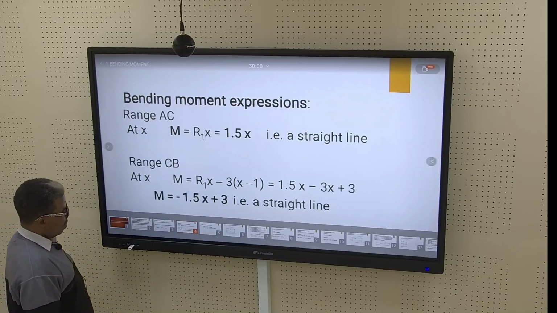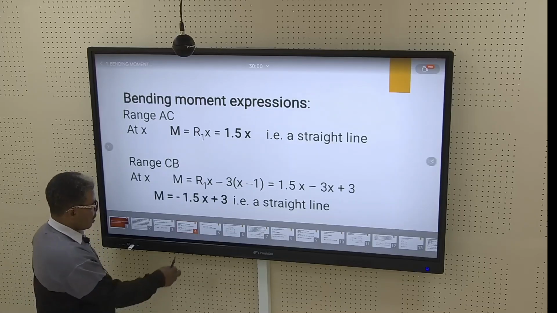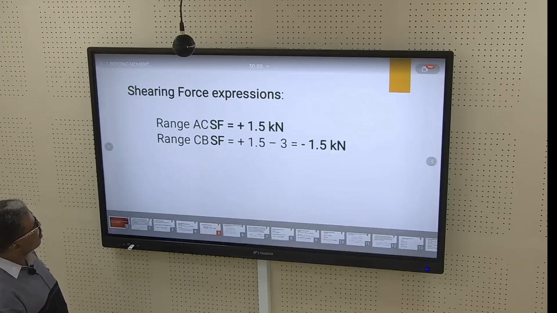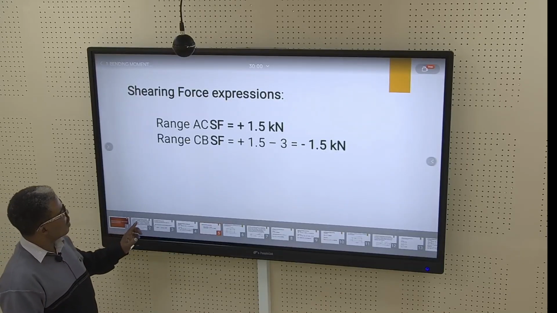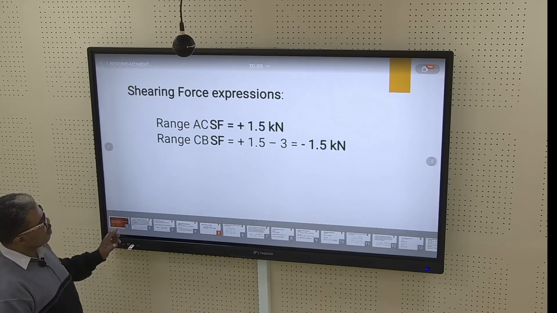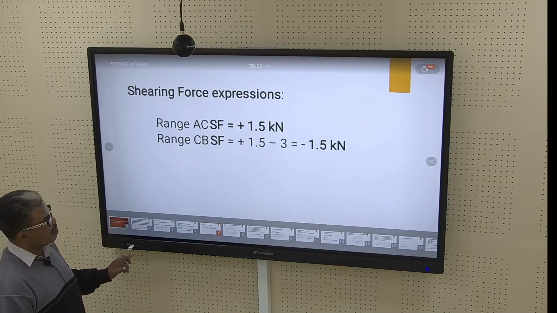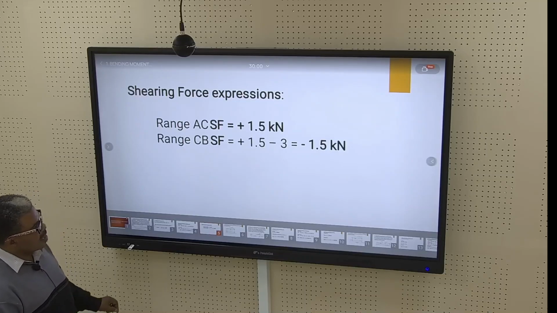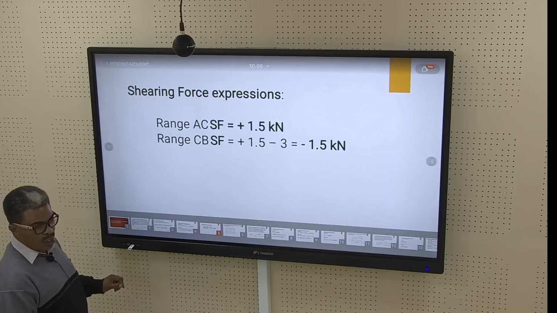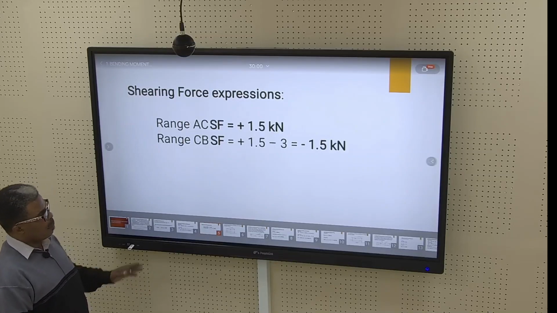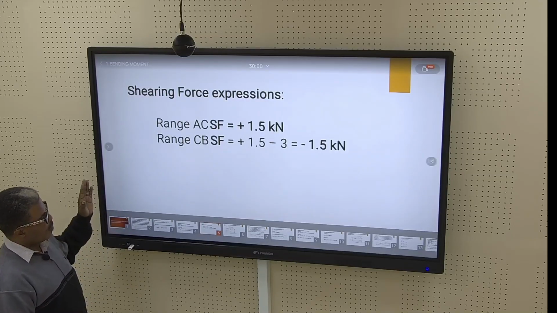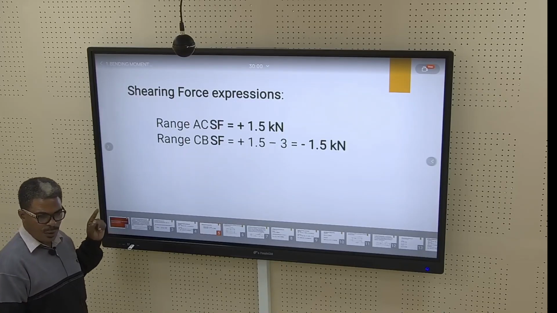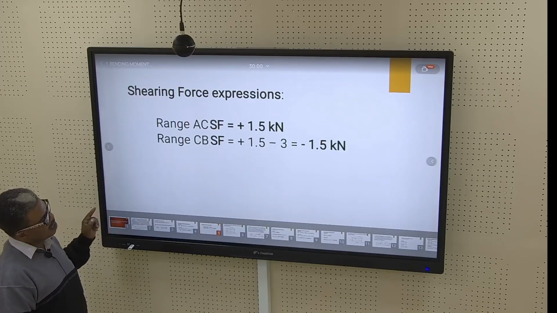Let's see the shearing forces. Shearing force expression at the range of AC: the shearing force is equal to 1.5 kilonewton. We are taking the reaction going positively, that means upwards, from point A, or reaction 1, the direction is upwards.